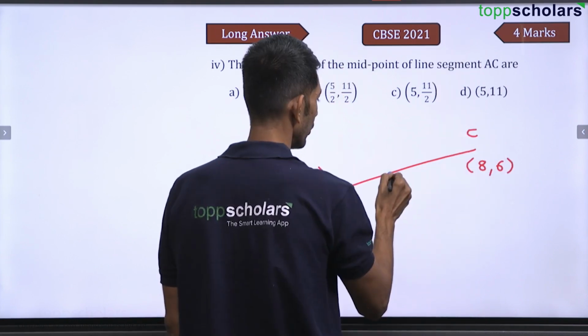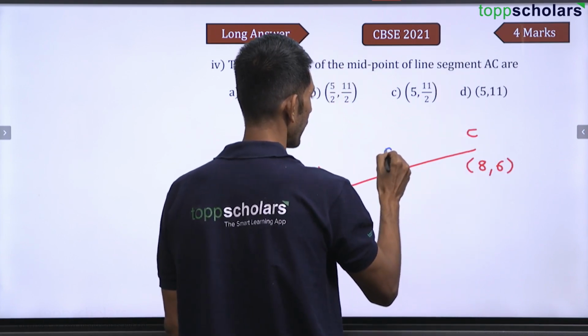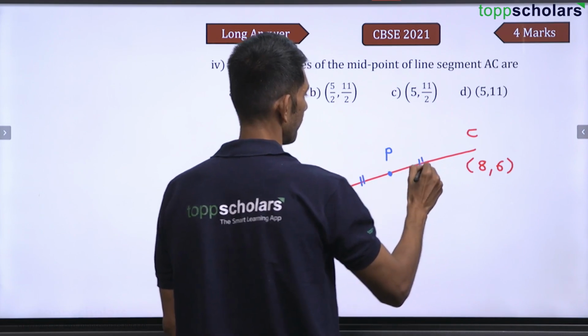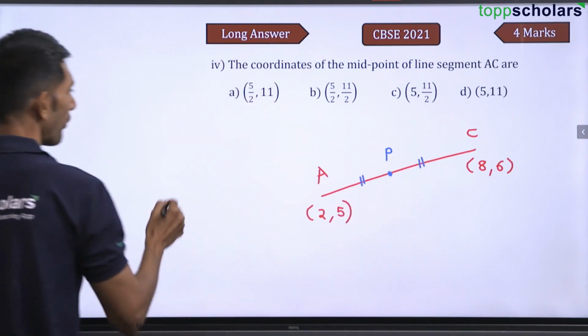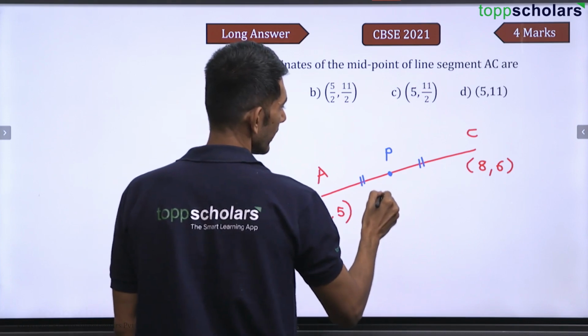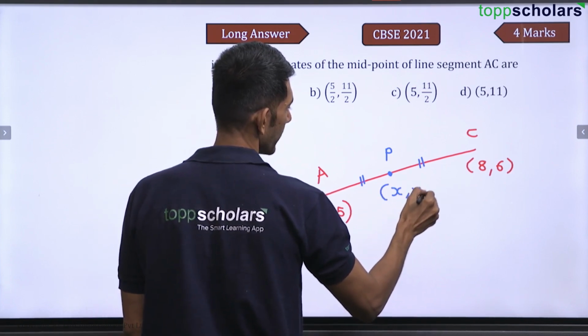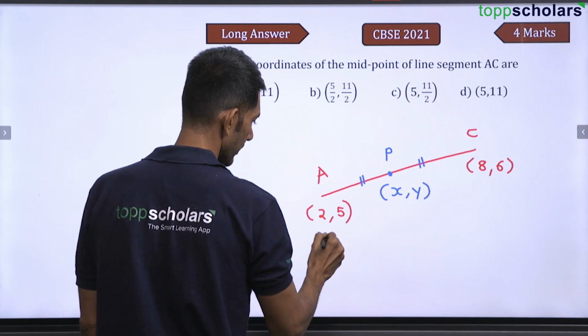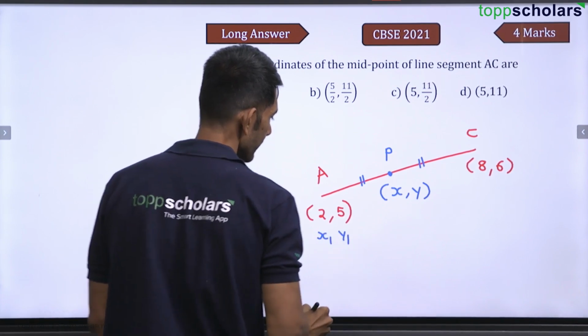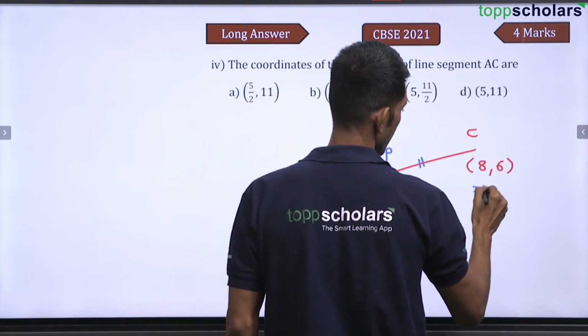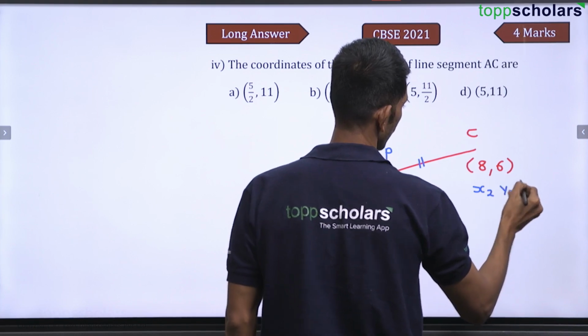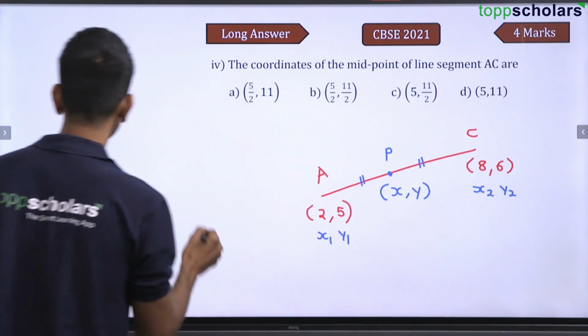Suppose this is the point P, which is the midpoint. So point P is the midpoint. Let us call this x comma y. If this is x1, y1, and this is x2, y2, what will be x?